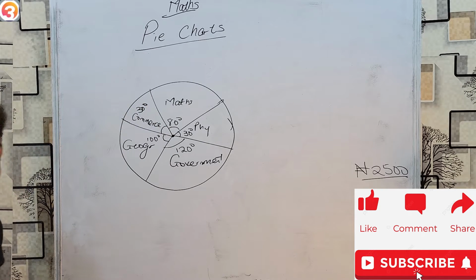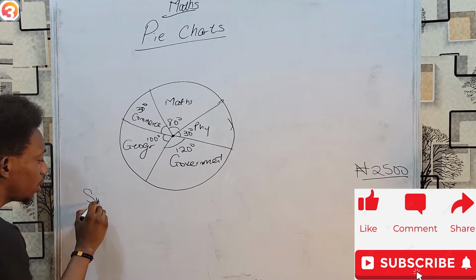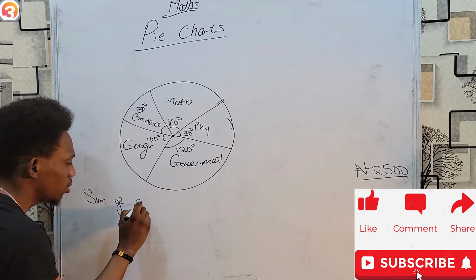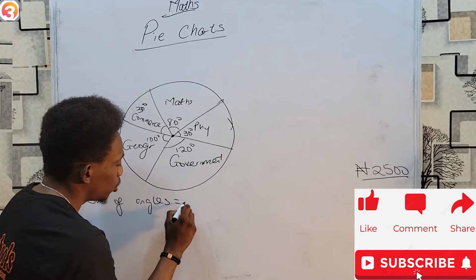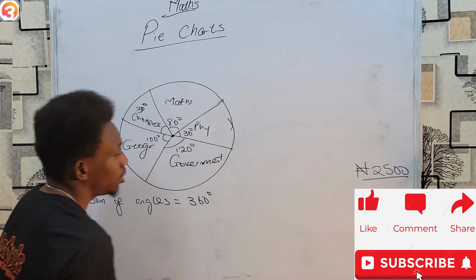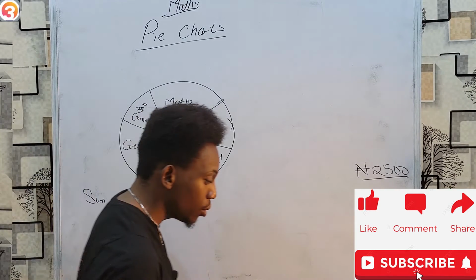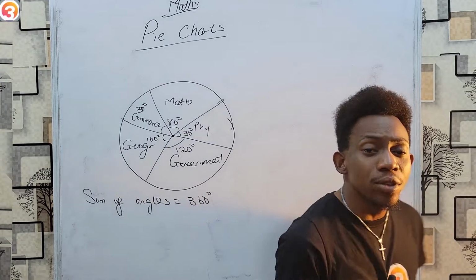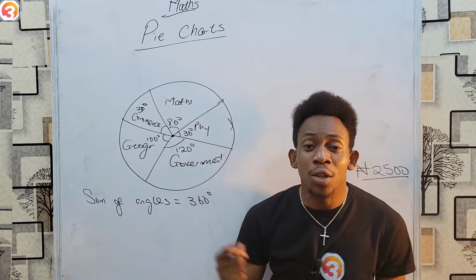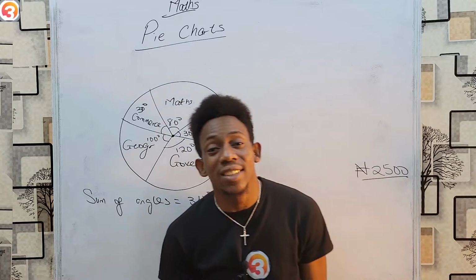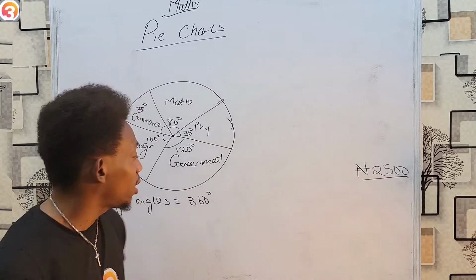And the reason for the addition is because the sum of the angles must equal 360 degrees. Now, because of these angles, I'm able to tell the variable with the biggest angle actually has the highest quantity in real numbers.